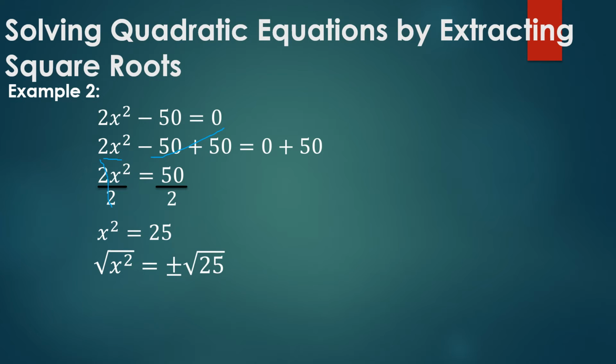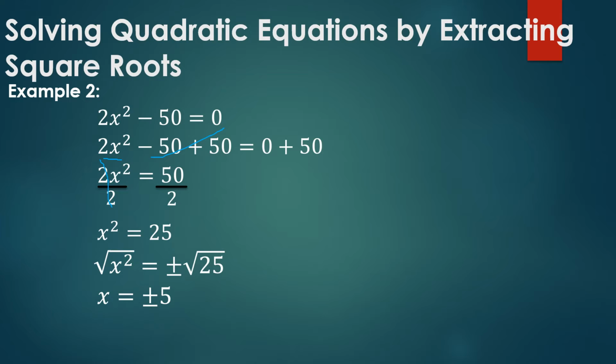That is, square root of x squared is equal to positive negative square root of 25. And then, by simplifying, the square root of x squared is equal to x, and the square root of 25 is 5. So we have x is equal to positive and negative 5.